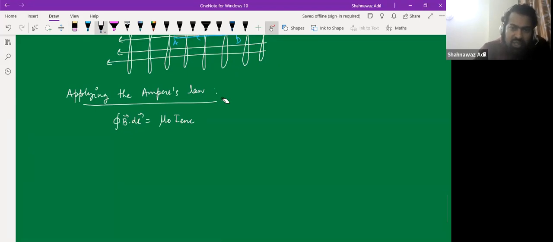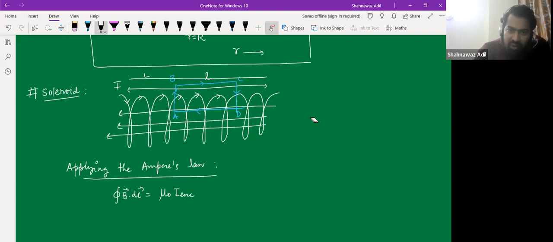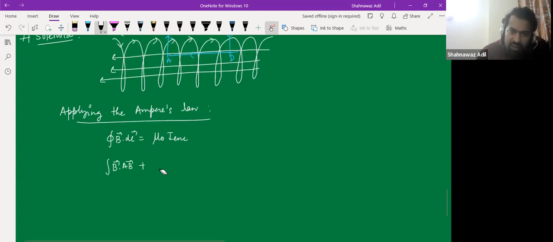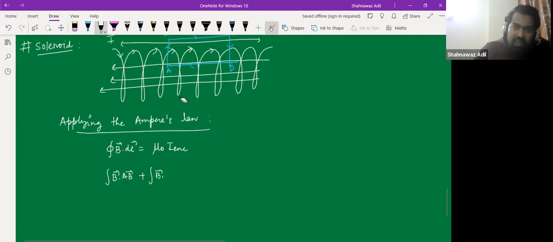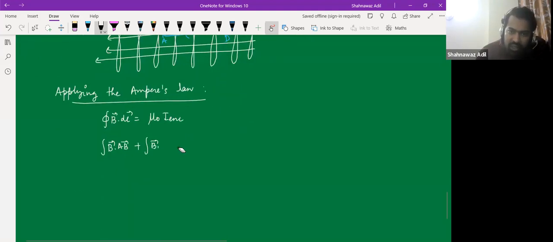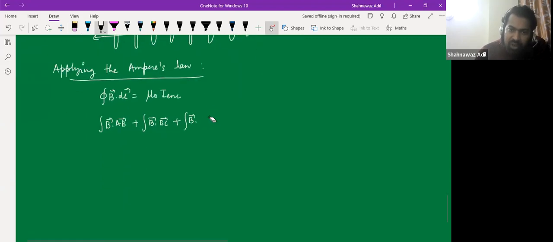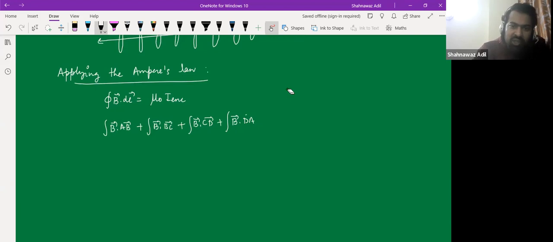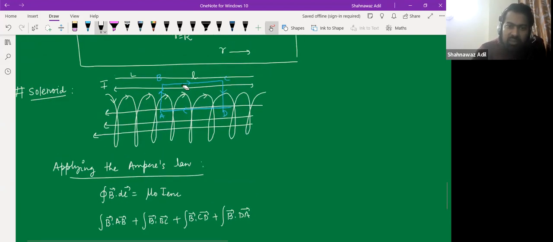We know B dot dl closed integral, so there are four parts. One is the magnetic field along AB length, B dot AB, plus B dot BC, then B dot CD, and then B dot DA. So this is the closed loop, from A to B, B to C, C to D, and D to A.